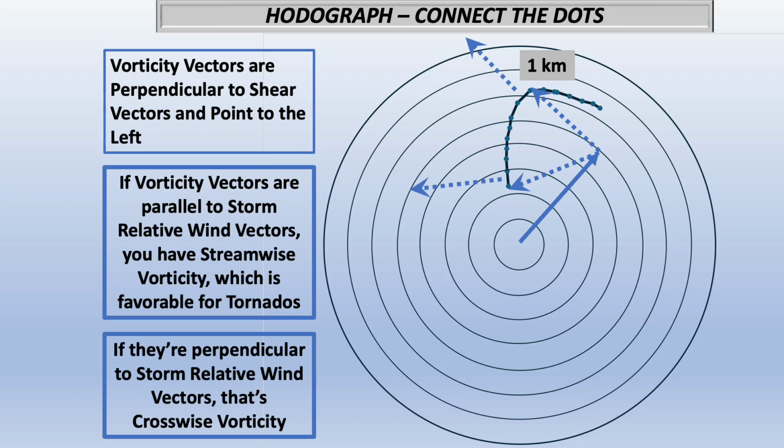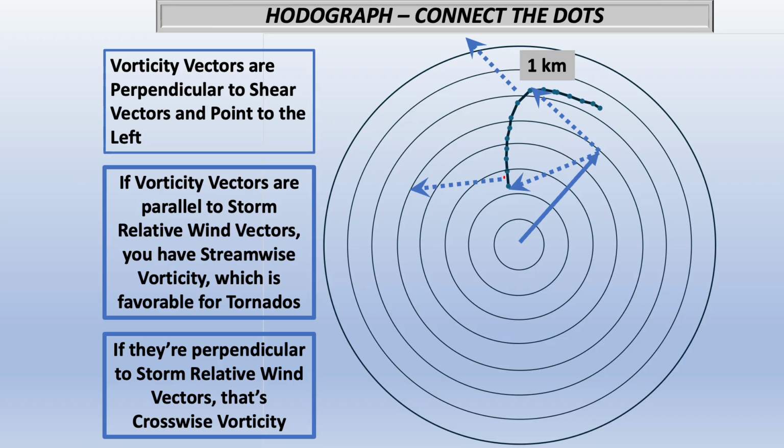Now, this is as complicated as it's going to get, so just bear with me here. Vorticity vectors, remember vorticity is the amount of spin in the atmosphere, are always perpendicular to the shear vectors and point to the left, okay? So let's take this first level down here, between the first two dots.